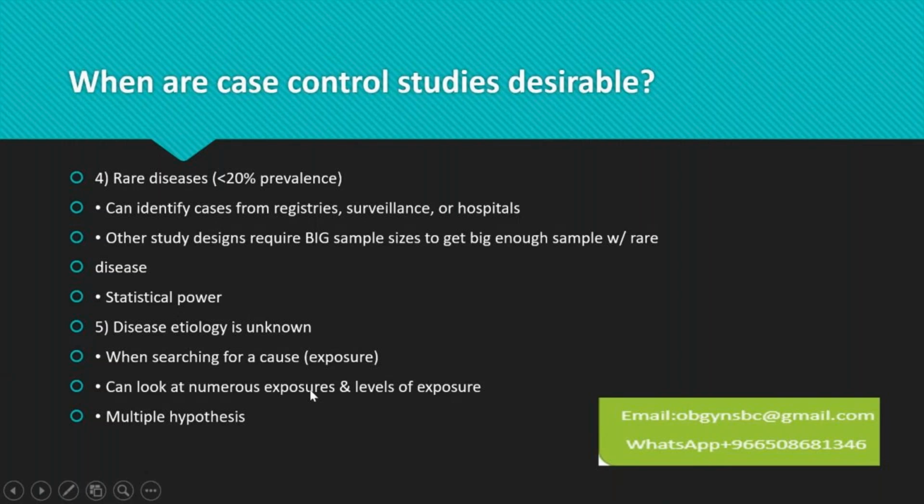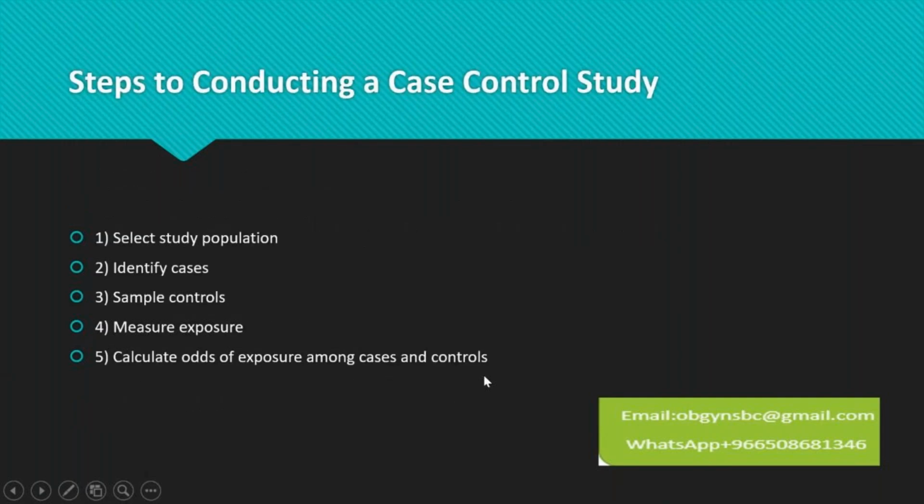Maybe an x-ray, so the exposure would be like 4 rads, which is much less than the daily exposure. Then, if you have multiple hypotheses and you need to associate them with the outcome, again you can use case control studies. Basically, you are using it to see the differences between the cases and the controls.